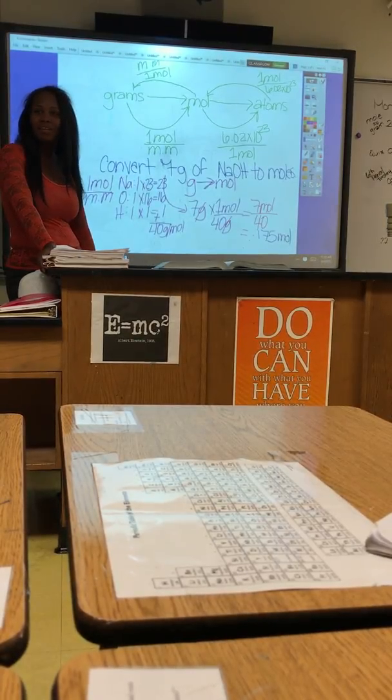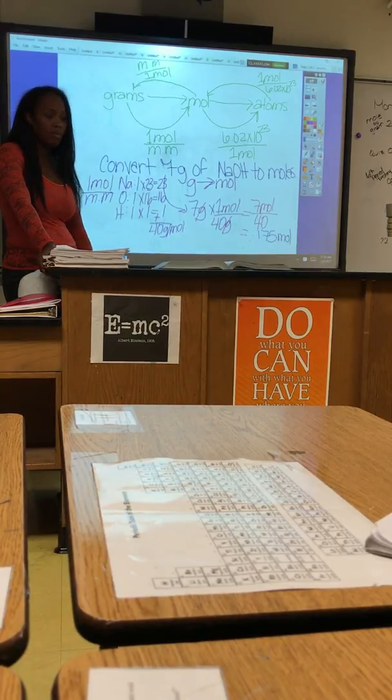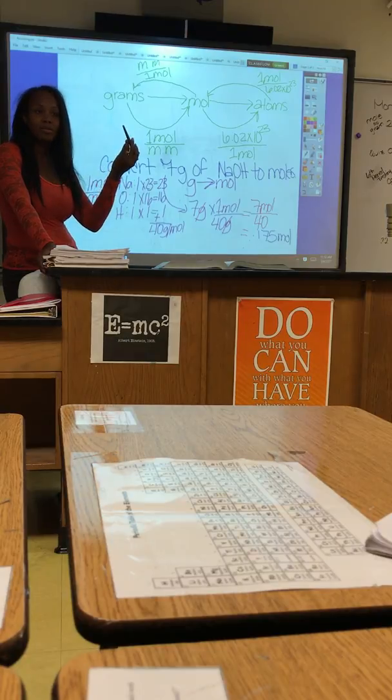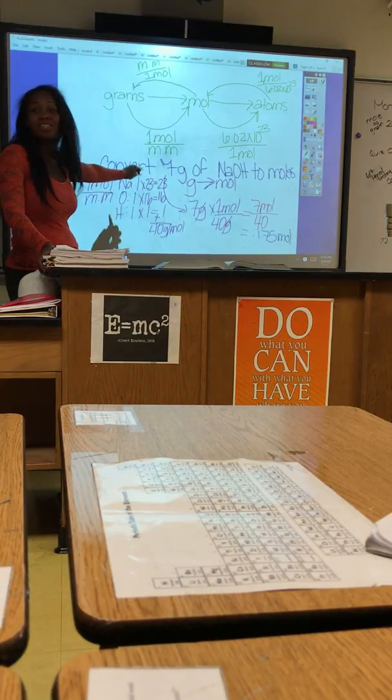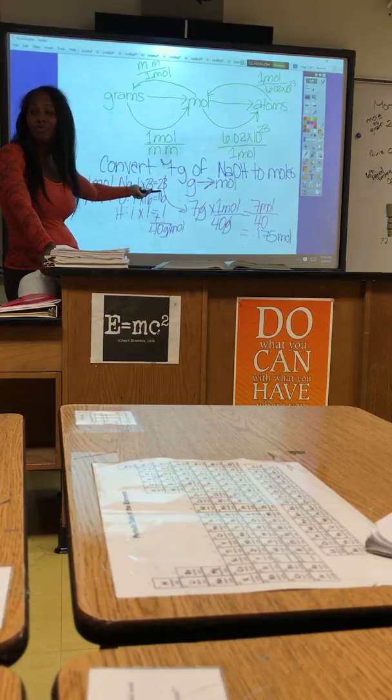With stoichiometry, they use it in labs, obviously, to create different medications, different pills, but also in airbags, for cars. So engineers, if you're going into engineering, this is going to become your best friend.